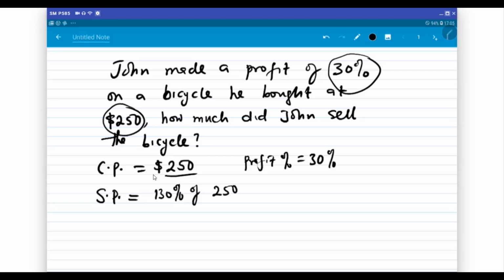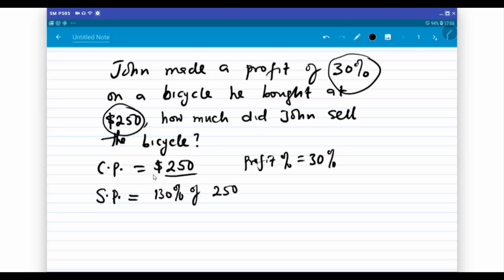Cost price on its own is 100%, and your profit is part of the cost price, so you sell above 100% of your cost price and make a profit. So the selling price here will be 130% of the cost price.